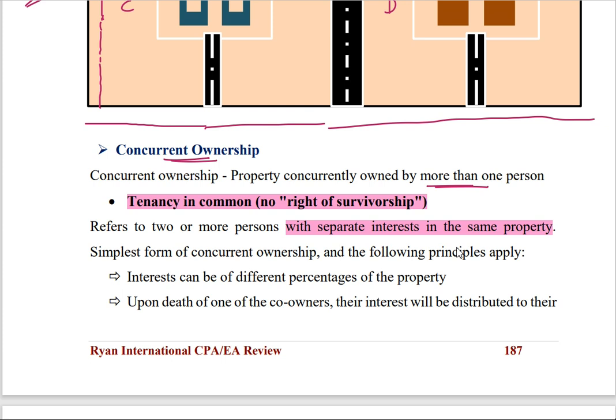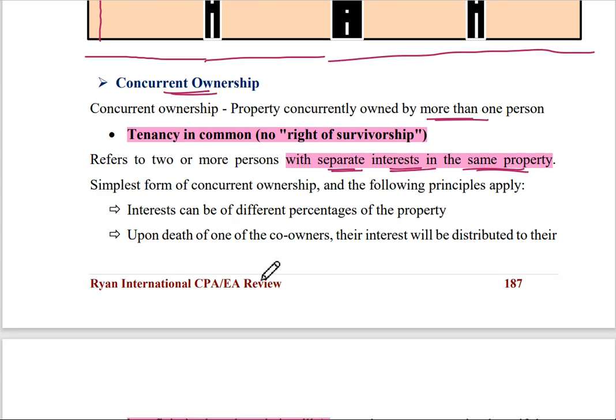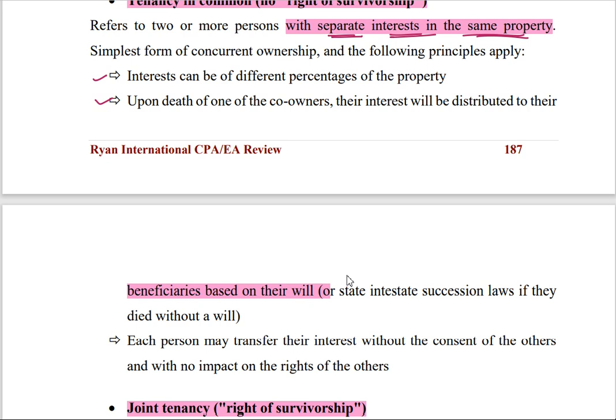Tenancy in common usually happens when two or three people or more own the same property with separate interests in the same property. So it is the simplest form of concurrent ownership. Interest can be different. Upon death of a co-owner, the interest would be distributed to their beneficiaries as per their will.